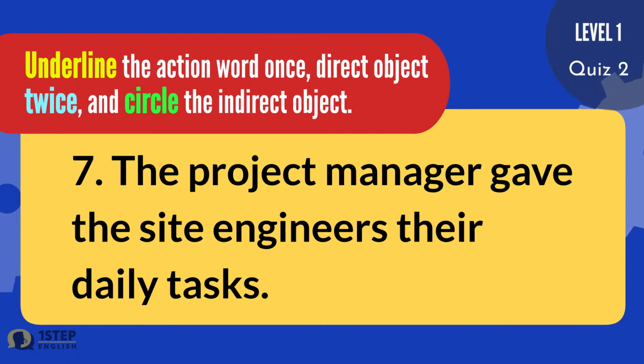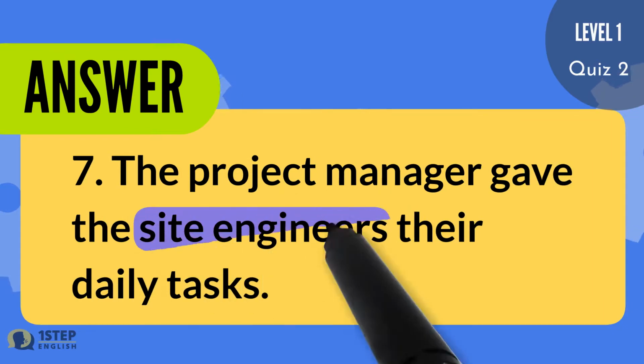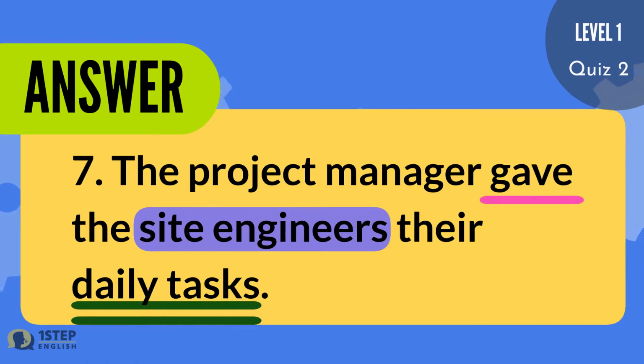Number 7. The project manager gave the site engineers their daily tasks. Site engineers is the indirect object. Gave is the action word. Daily tasks is the direct object.